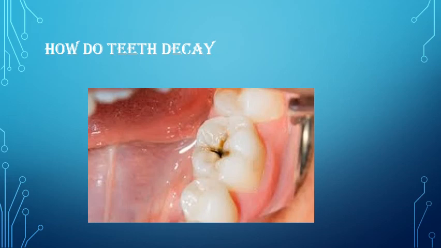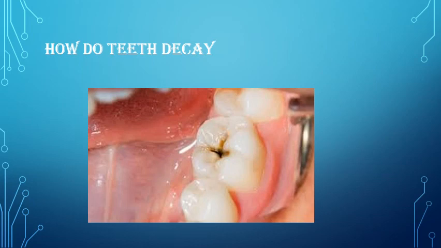We have some microorganisms in the mouth, so they react with the food particles and produce acids, and these acids act on enamel slowly and produce cavities. We all know the cavities. They produce cavities exposing the pulp, which causes pain, eventually leading to tooth destruction if proper care is not done.